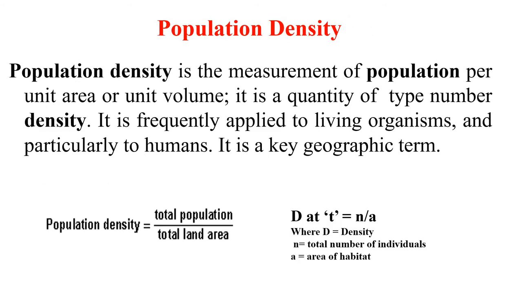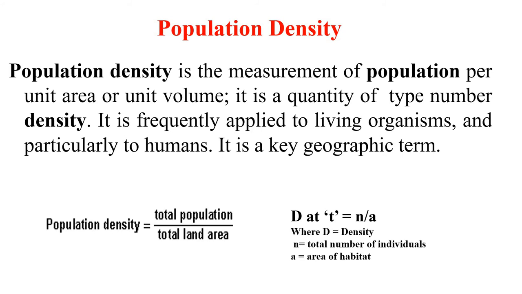Population density, first of all. Population density is measurement of population per unit area or unit volume. It is a quantity of a type, number, density. It is frequently applied to living organisms and particularly to human beings.